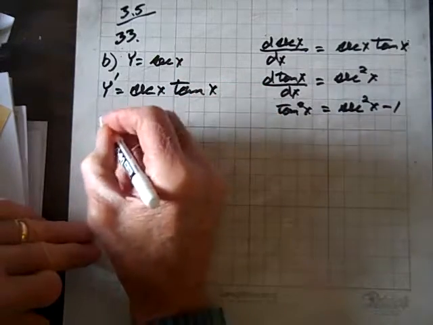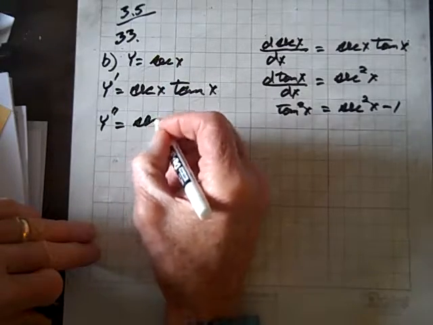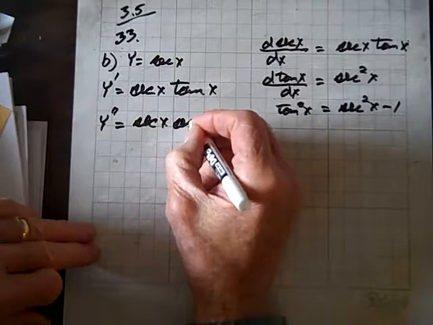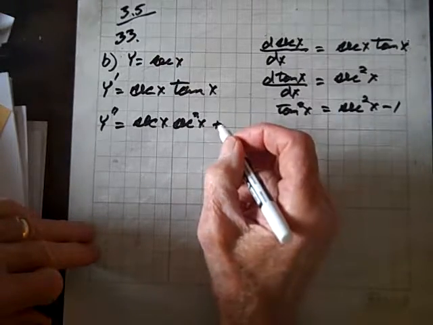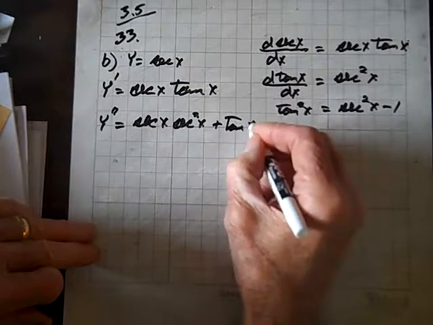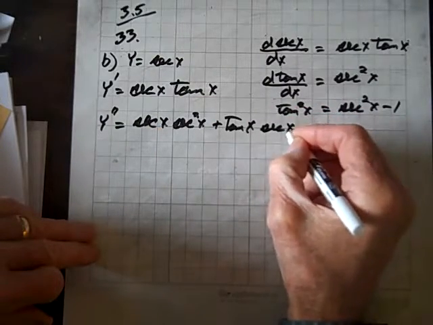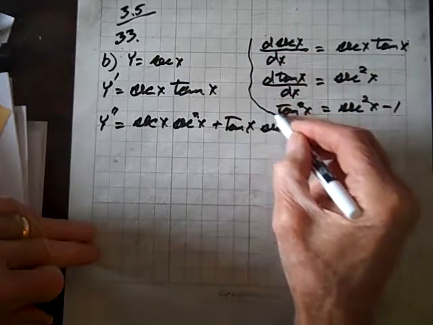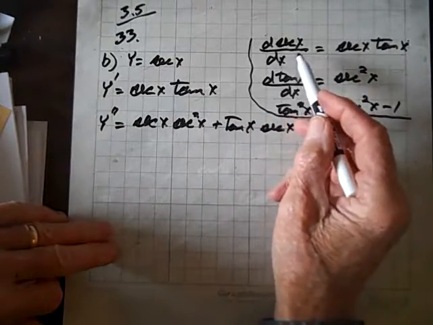And now to find y double prime, we'll use the product rule, and we'll hold secant of x constant and take the derivative of tan of x, which is secant squared of x, and plus, and now we'll hold tan x constant and take the derivative of secant of x, which is secant x tan x. Now, by the way, I have these identities here that we're going to have to employ. In fact, we've been employing them.